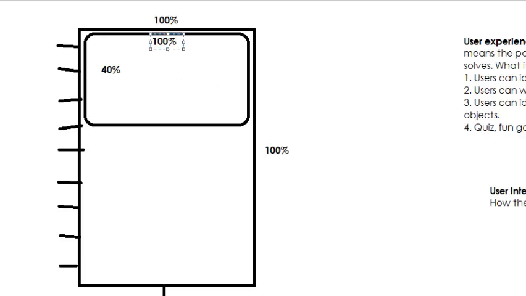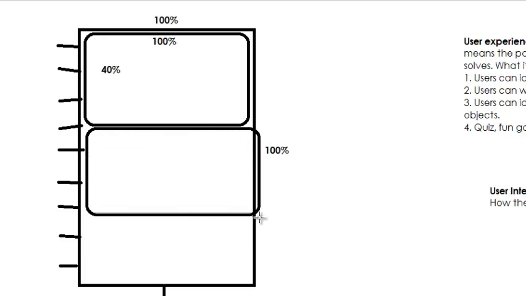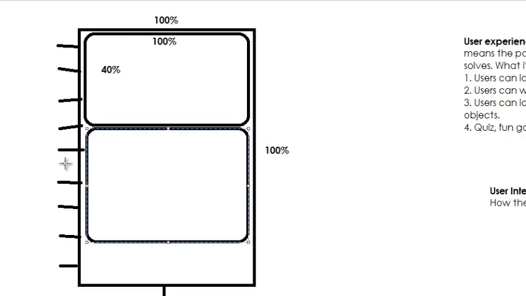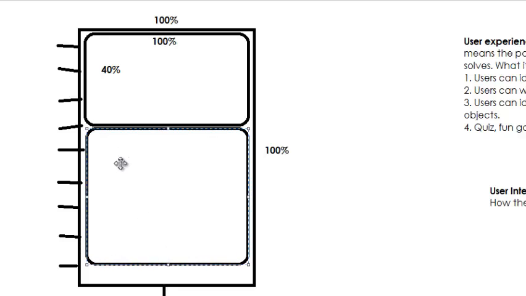Next, I want to put where I will have the menu. So this will be like our welcome screen. Here I want to include a menu, and I want the menu to take, say, 50%. So there's 1, 2, 3, 4, 5. Okay, so 50% the height, and then the width is 100%.